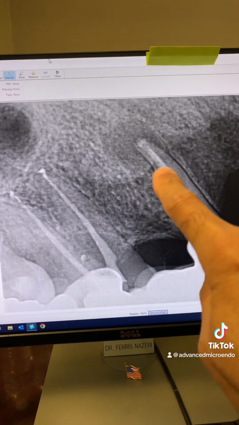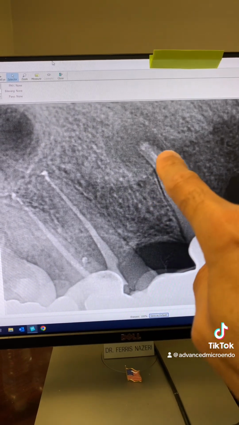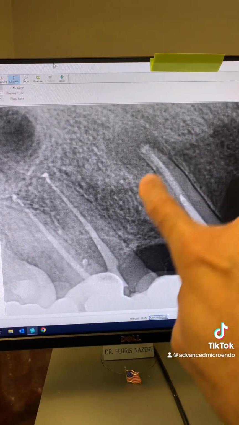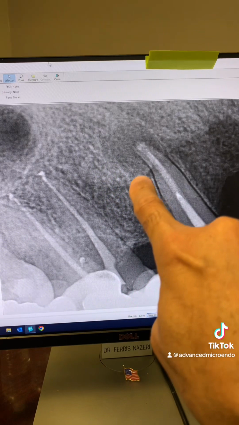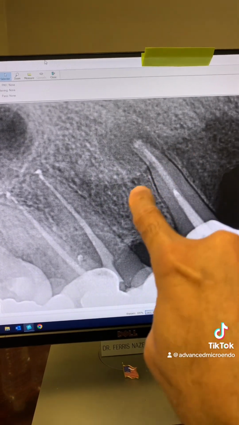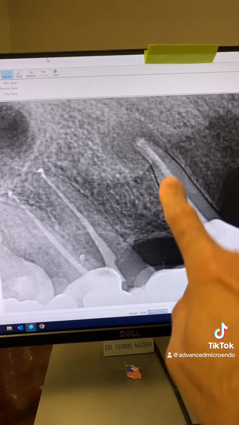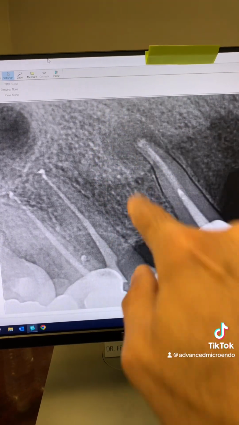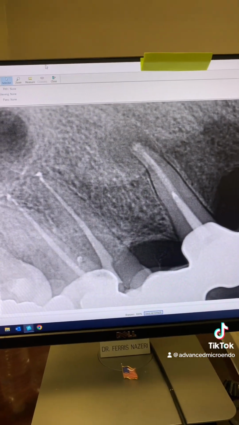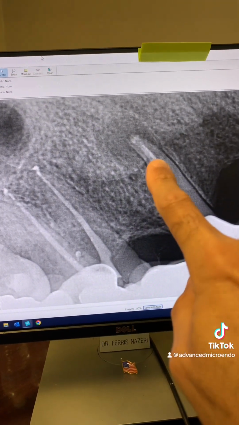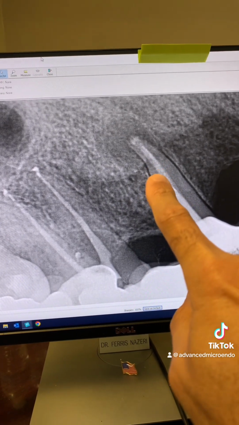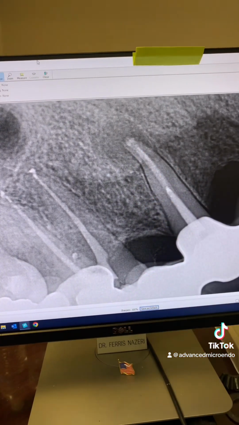So all we need to do is resect a few millimeters of the end of the root and we're done. Of course, clean all of this out and do the rest of the apical procedure, but retrograde obturation we don't have to do because we already have MTA here.